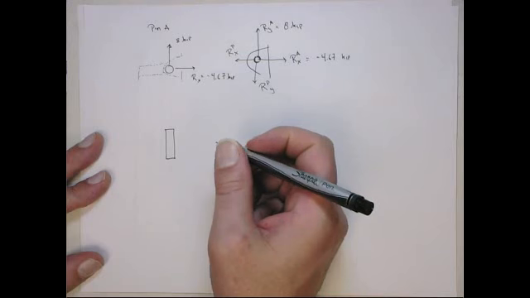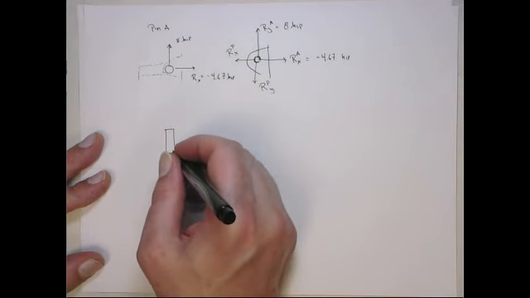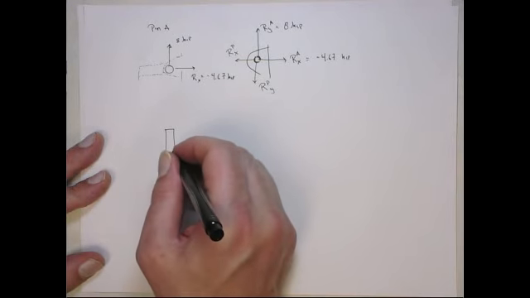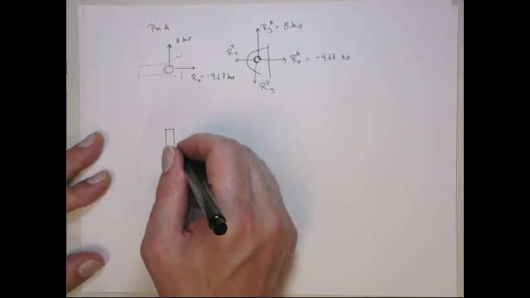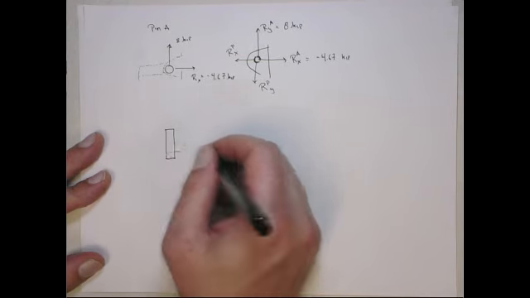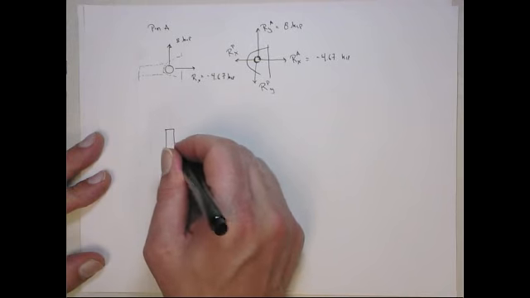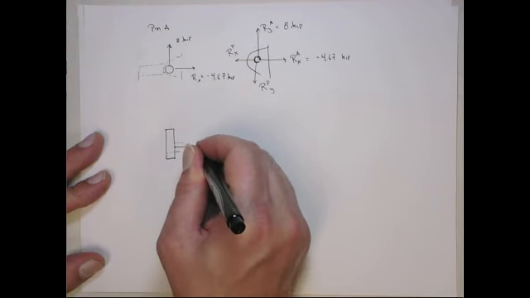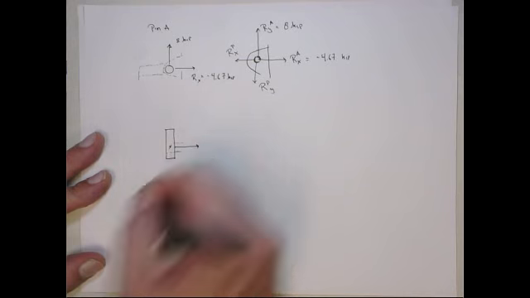If we looked at the bracket, those actually act on this bottom view. The bracket is over on this lower side, so these act this way and into the board.